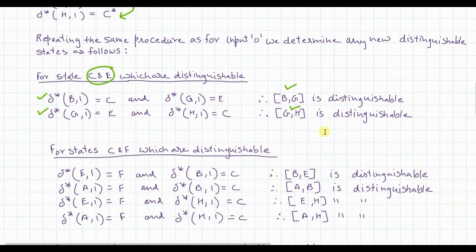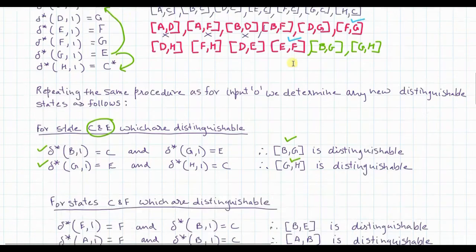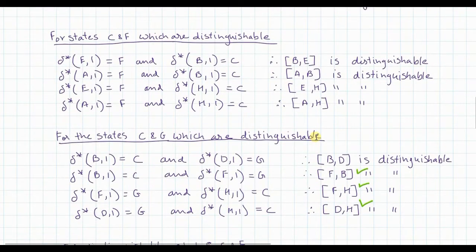Okay, so in a similar manner, when we consider the next possible, that is F comma C. C and F are already found to be distinguishable, therefore we get these four results. First of all, B and E is distinguishable.